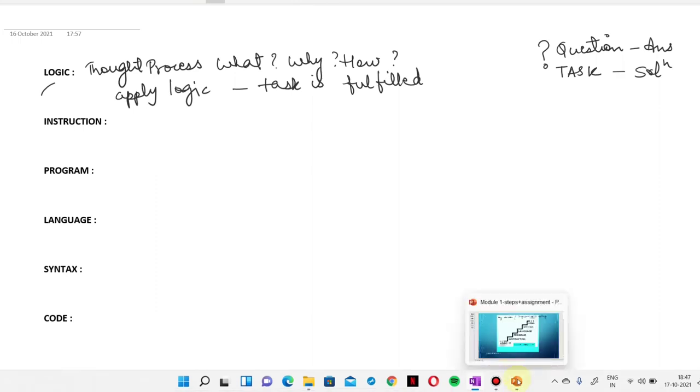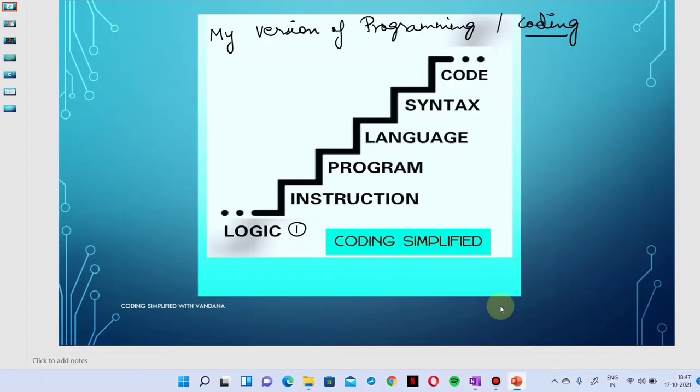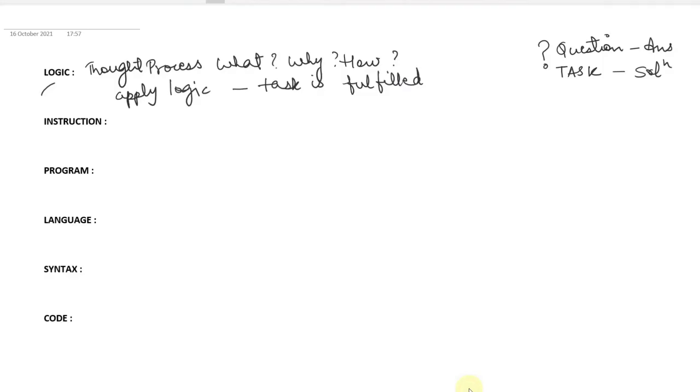Now let's proceed further to the next one, which, as you can see over here, is instruction. To discuss what instruction is, let's come back to this page. In general English, instruction is just a command or some order which is given so that the task is fulfilled.